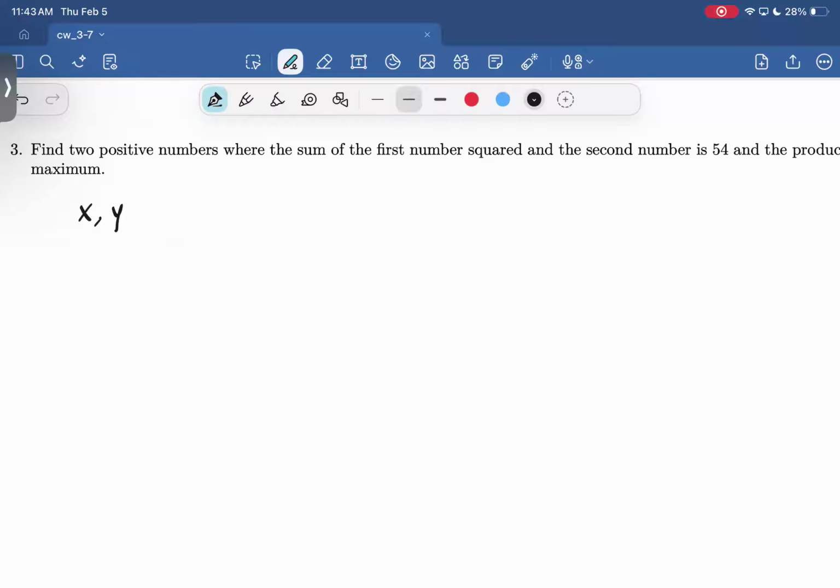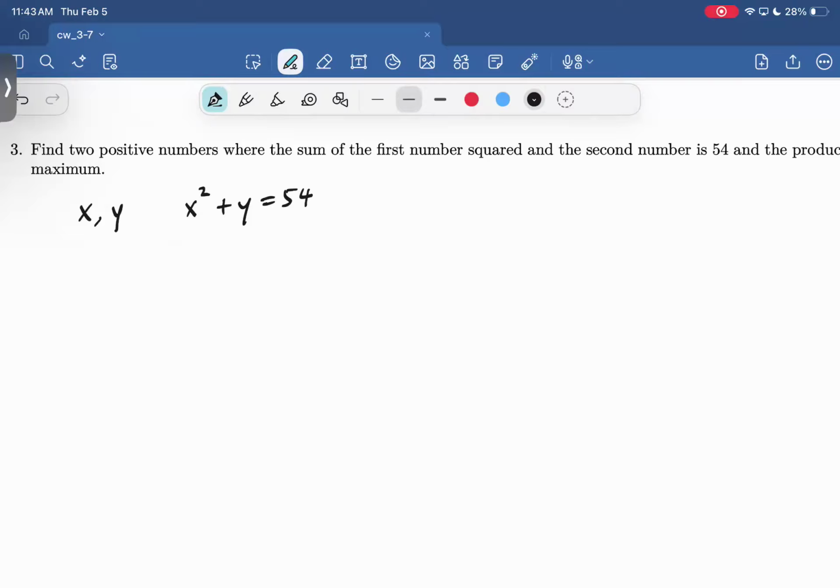What is the condition that we're given if we have x and y? Good. x squared plus y is 54. Is that right?